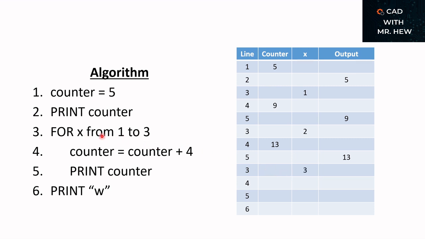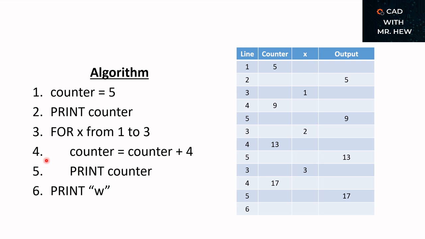So here now, x will be 3. Then counter will be equal to counter plus 4. The last value for the counter was 13. So in line 4, we get 17 for the counter, right? Then we're going to print the counter. The value in the counter is 17, so the output at line 5 in our trace table would be 17.